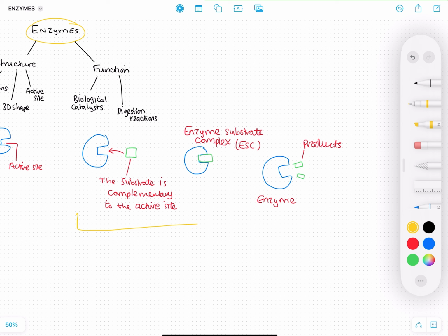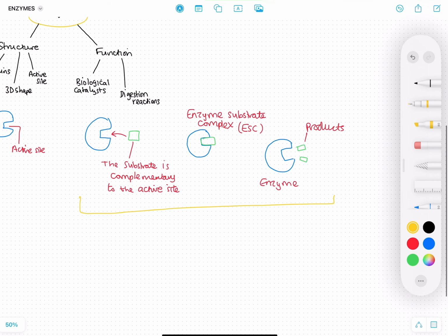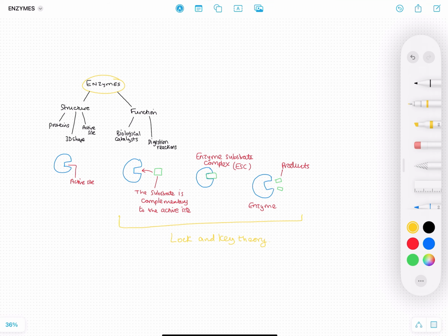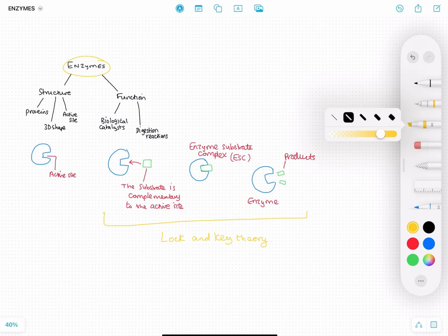The mechanism for the way in which enzymes work is called the lock and key theory. The enzyme is the lock. The substrate is the key, because only the correct key can be used to unlock the lock.